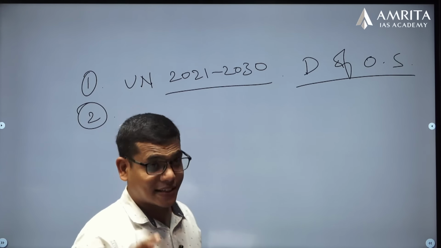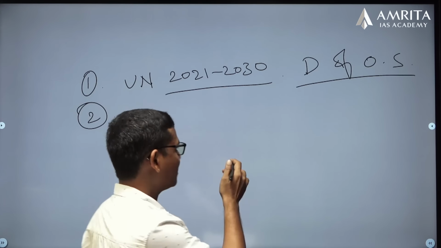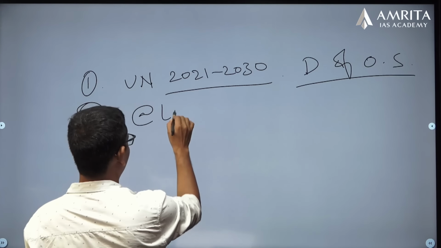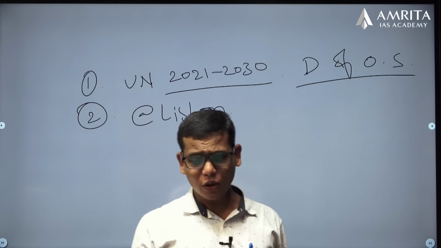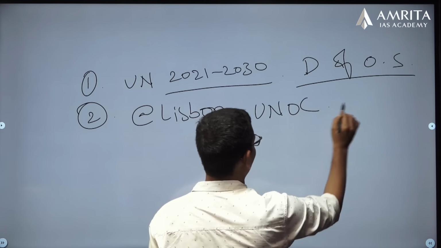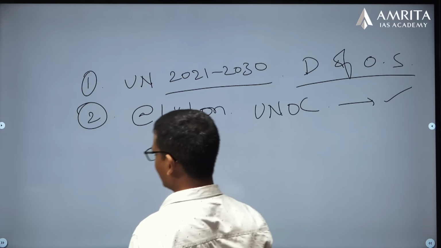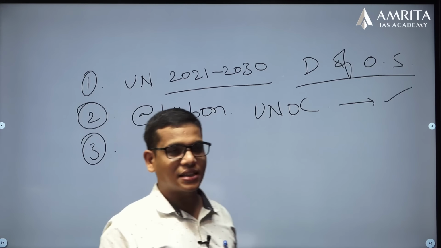Next, at the end of this month, June, in Lisbon, Portugal, the United Nations Ocean Conference is happening. Maybe we will discuss different issues associated with the oceans, the challenges that the ocean is facing.